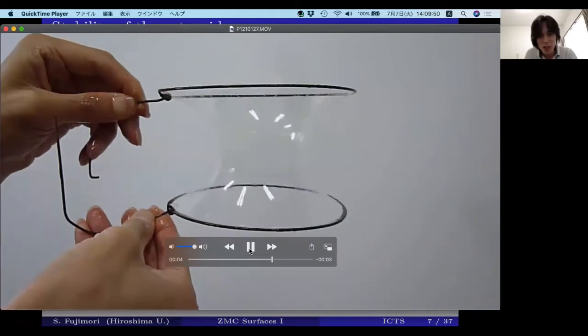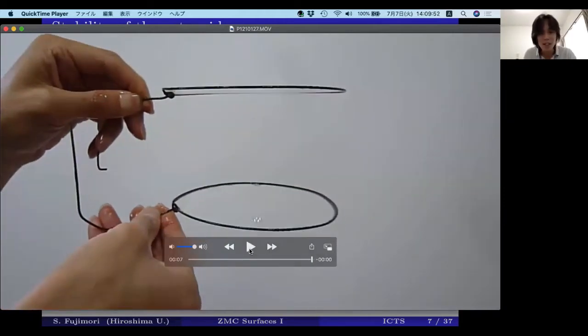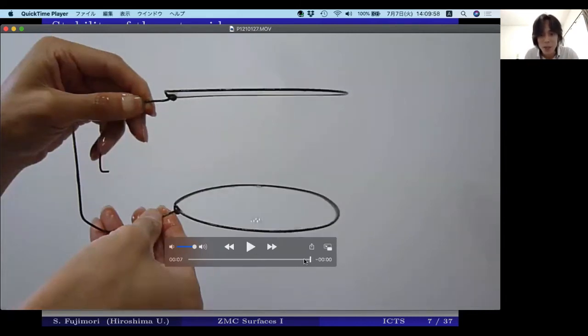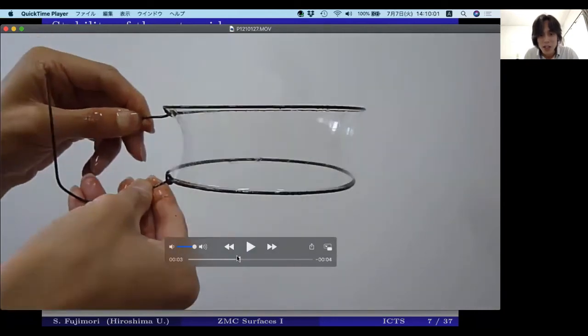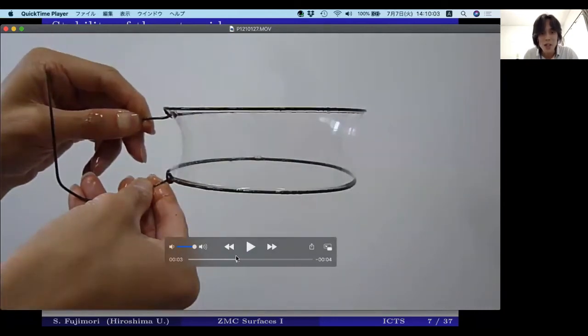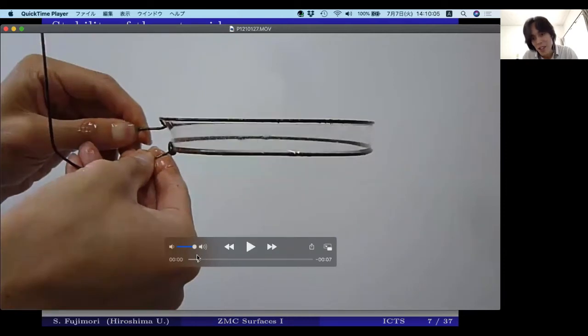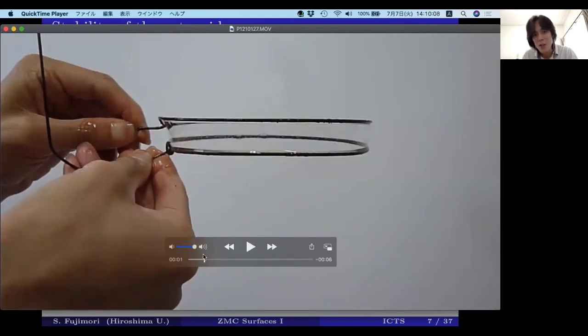Now the stable catenoid becomes unstable. Then the catenoid collapses and separates into two planes. So here, this is the stable catenoid. In this case, it looks almost like a cylinder, so the image of the Gauss map is like the equator.